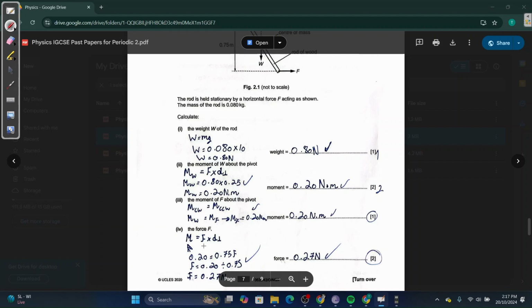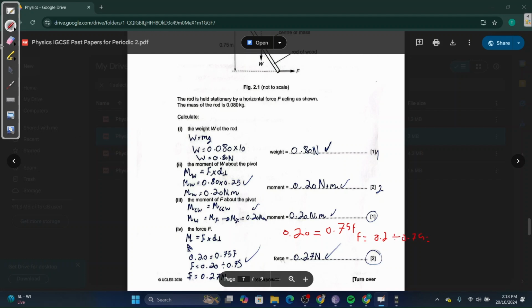Now you calculate the force F. So 0.20 is equal to the perpendicular distance, which was given to be 0.75, and F is unknown. So F equals 0.20 divided by 0.75.